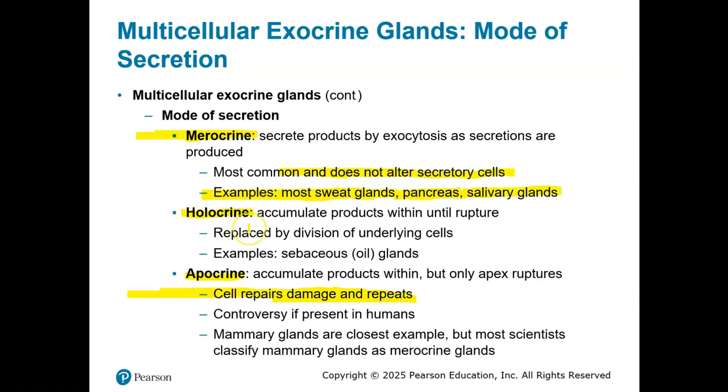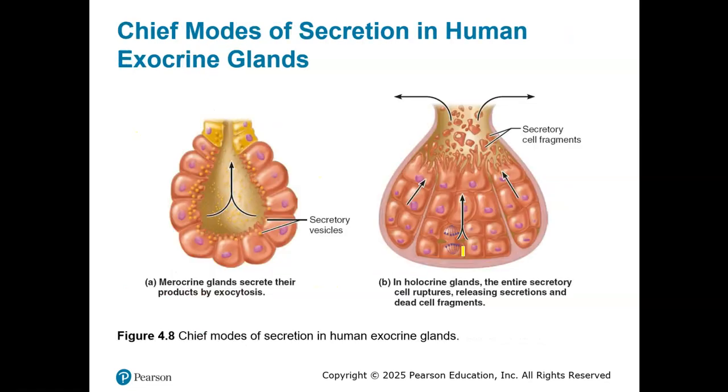Then holocrine secretions: the entire cell ruptures and is shed along with the secretion. So oil glands, which we call sebaceous glands in our skin, release their secretion, which is oil or sebum, and the cell that releases that secretion is destroyed and shed along with the secretion.